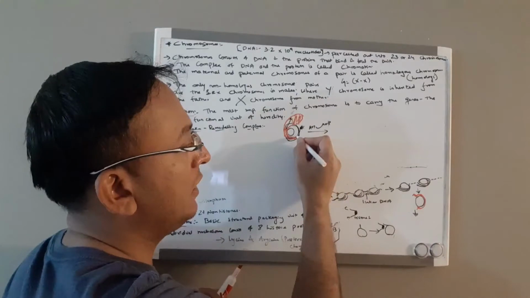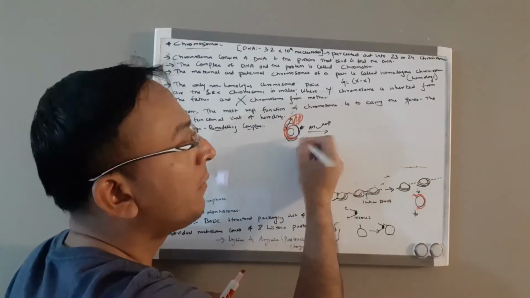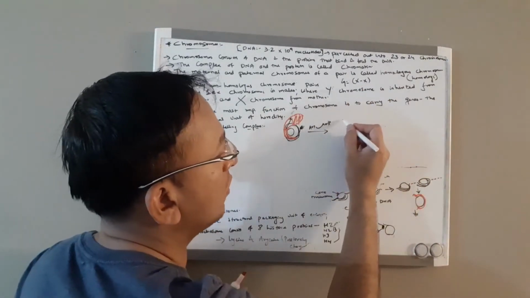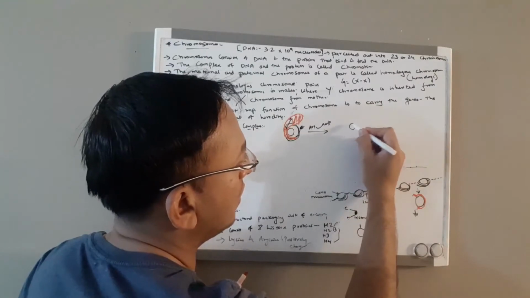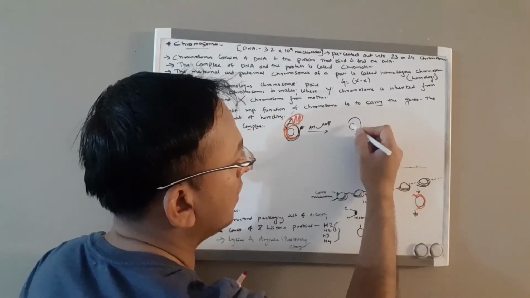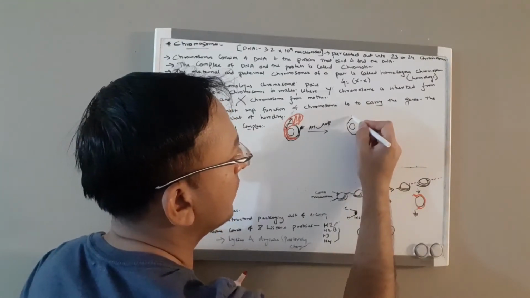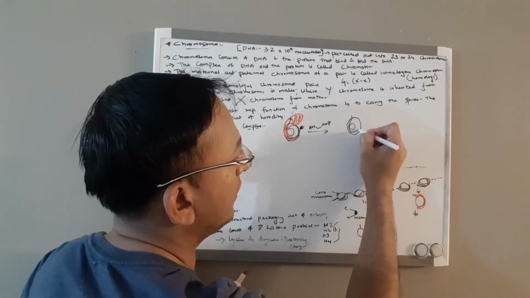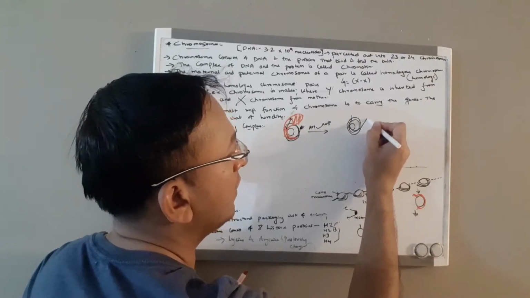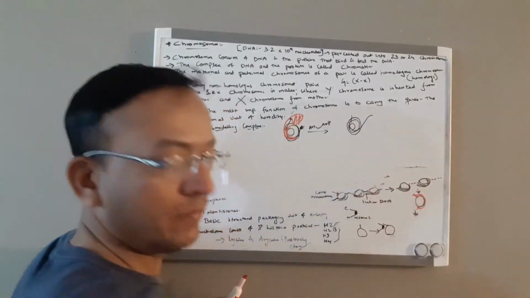For example, here we have the DNA part that is required, and this will go and maybe come more outside, right?